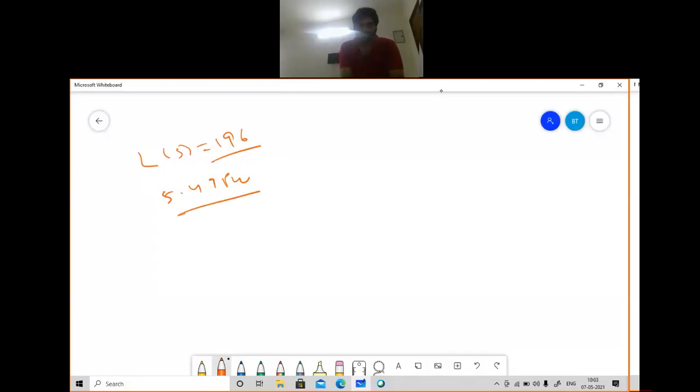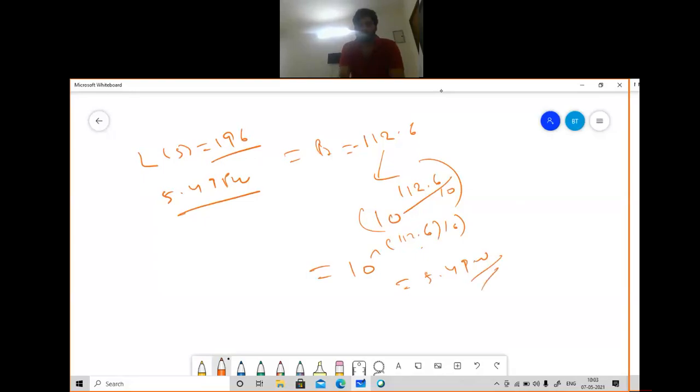Actually, the dB value which you are getting, the power received should be minus 112.6. For converting into watt, you have to do 10 to the power of minus 112.6 by 10. Then you will get 5.49, so the real value will come as 5.49.